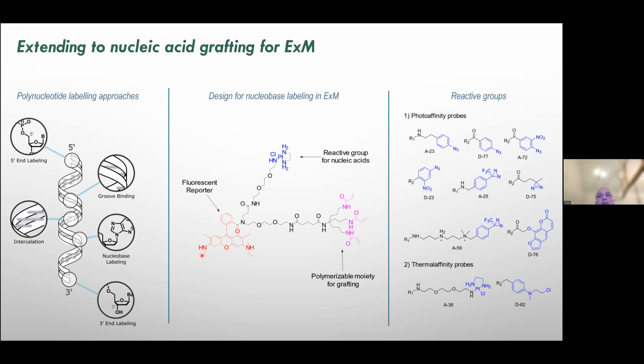Again, a fluorescent reporter. This is the same molecule as you have seen before. Fluorescent dye, 3 acrylates in this case, and then a reactive group for nucleic acids. We've modified this reactive group for nucleic acids a lot, trying to find the one that's most performant for targeting the nucleobases.